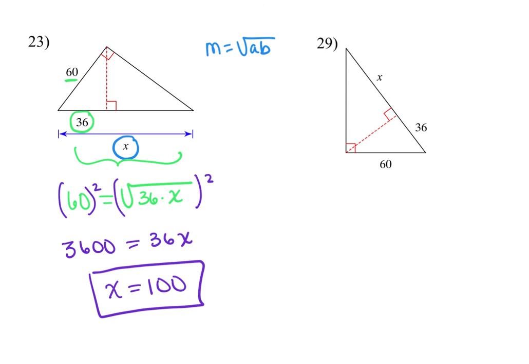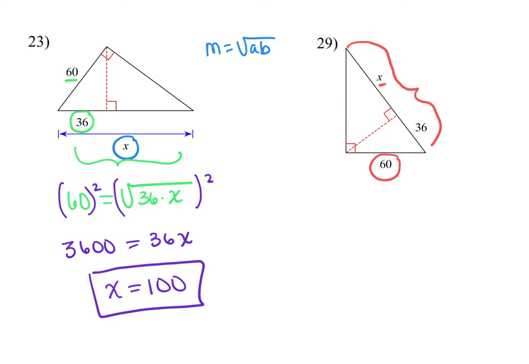I picked out the next one because it is a little bit different. So let's look at number 29 together. They want me to solve for x, all right? 60 here is the geometric mean. It's actually the same exact numbers between this and the entire hypotenuse.